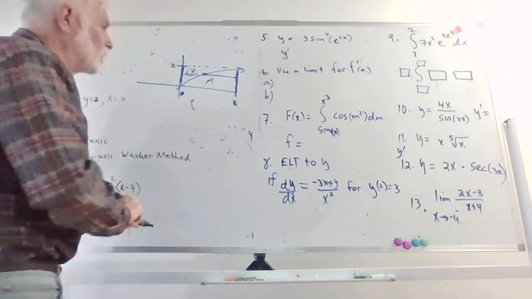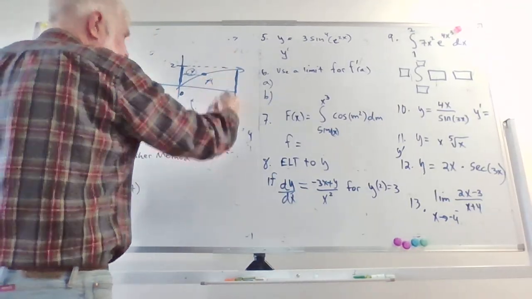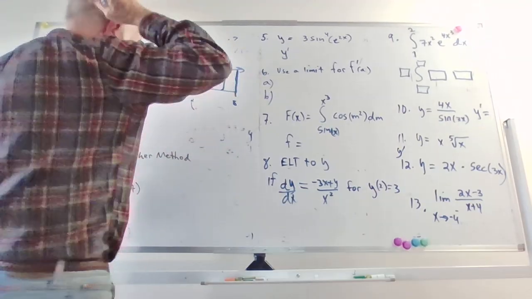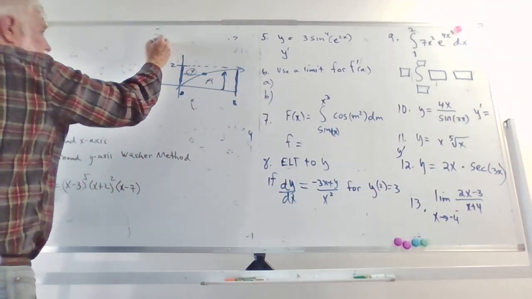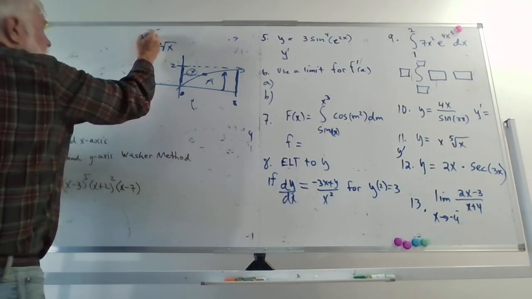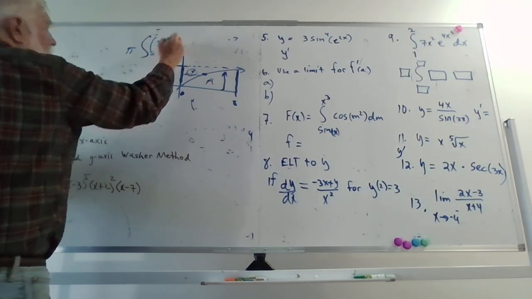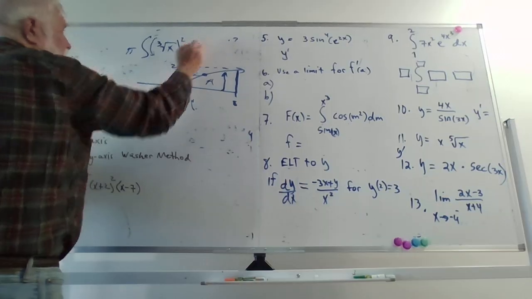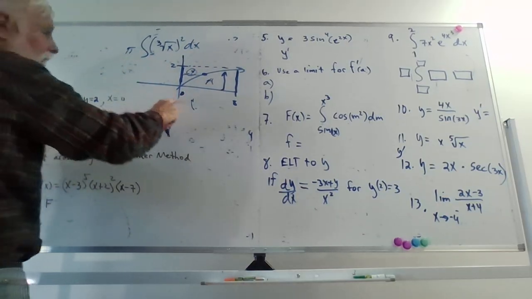Okay, so what's one slice if I'm rotating around the x-axis? Well, it's the same thing we had before. It's the cube root of x. And what do we want? We want a pi r squared in. So I bring the pi out, and we'll square it with respect to x. And how are we going? From where to where? 0 to 8.